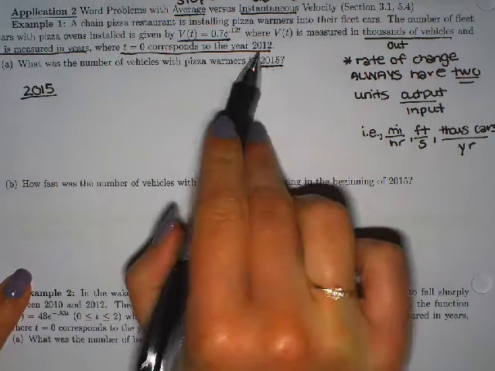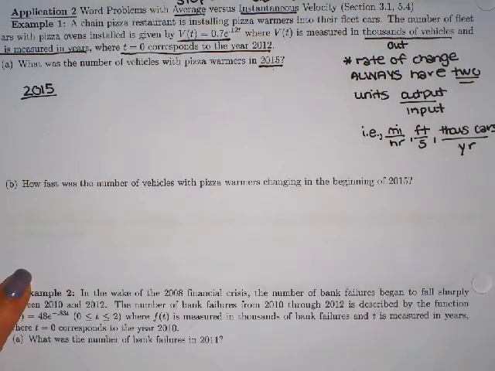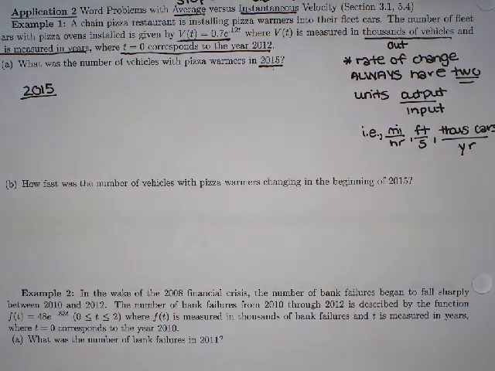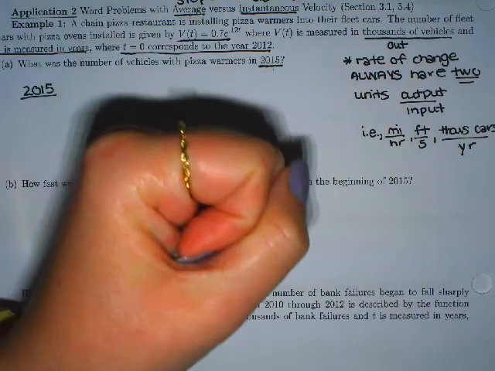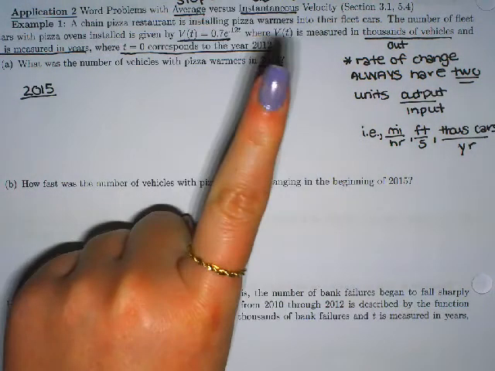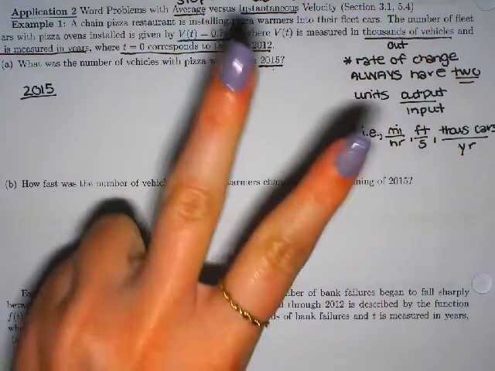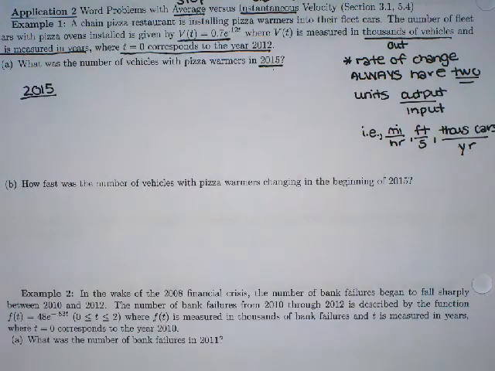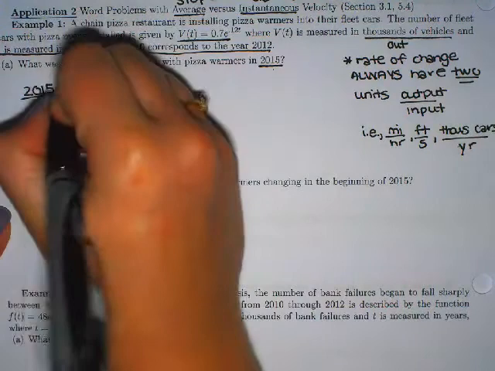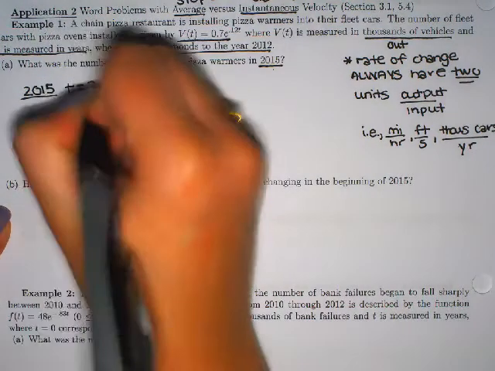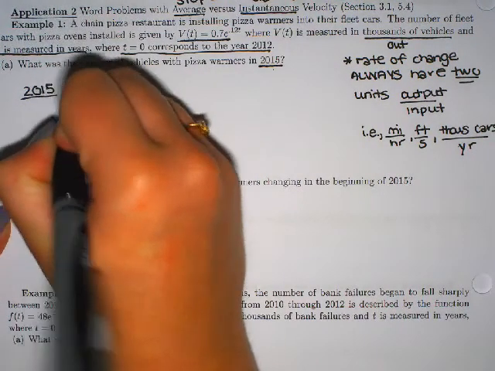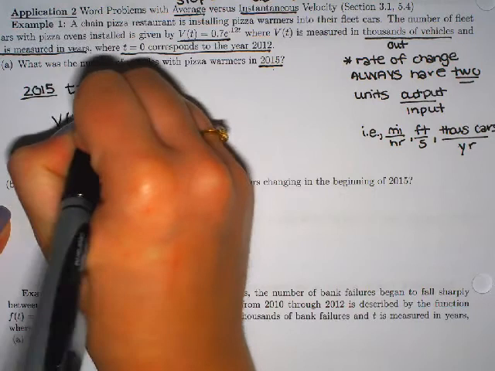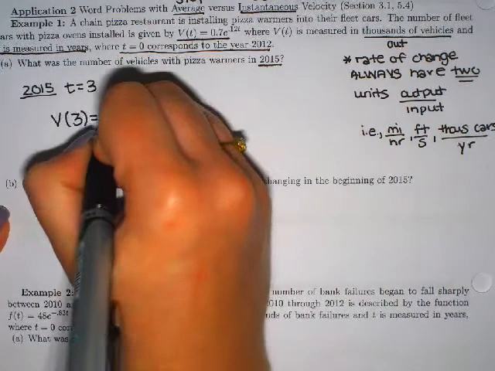But before we find the y value, we need to figure out what is the t value for 2015. So 2012 is t equals 0, and this is where I want to encourage you to literally count on your fingers so you don't get it wrong. So if 0 is 2012, 1 is 2013, 2 is 2014, and 3 is 2015. So we are going to plug in t equals 3. So we're going to do v of 3 into the original equation.